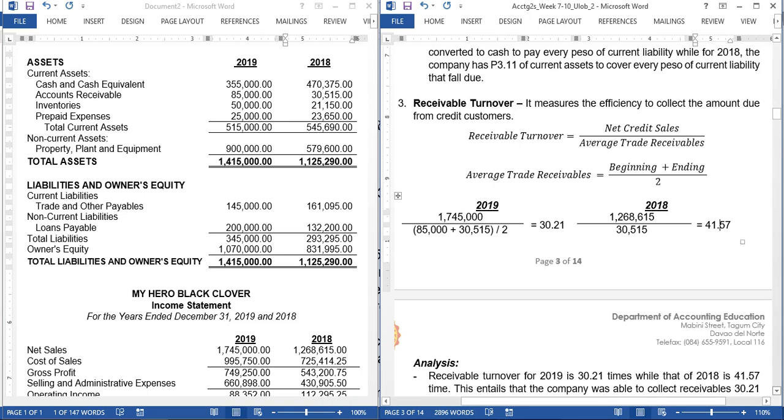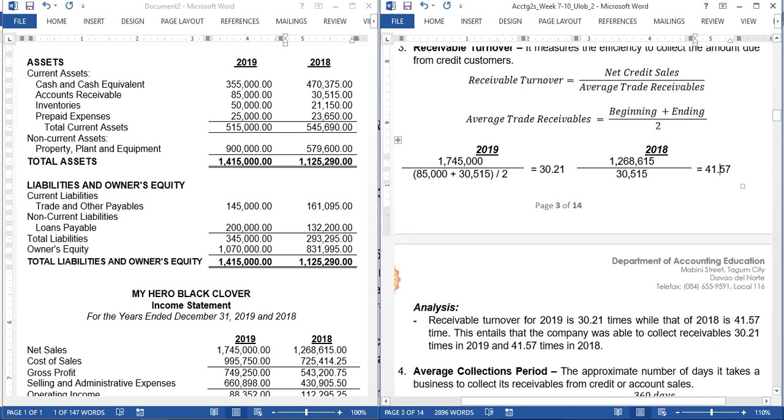So, as you can see, our receivable turnover for 2019 is 30.21 times, while for 2018 is 41.57 times. So, this indicates the company was able to collect receivables 30.21 times in 2019 and 41.57 times in 2018, which is, diba, nag-decrease siya. So, it's mean to say, nagahina ang collection policy ng company.